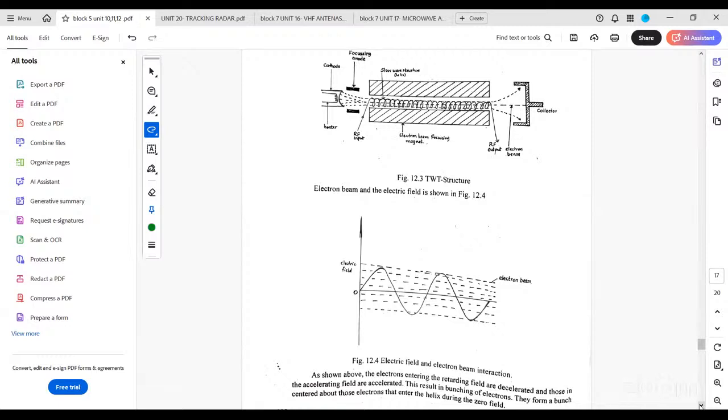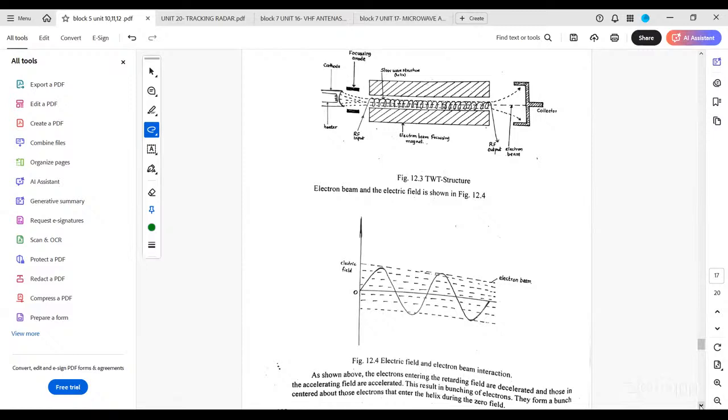So field is maximum in the positive cycle. Field ekkada maximum undi? Positive cycle. Positive cycle means this is positive cycle. This tip point field is maximum. For the negative cycle, this tip point field is minimum.